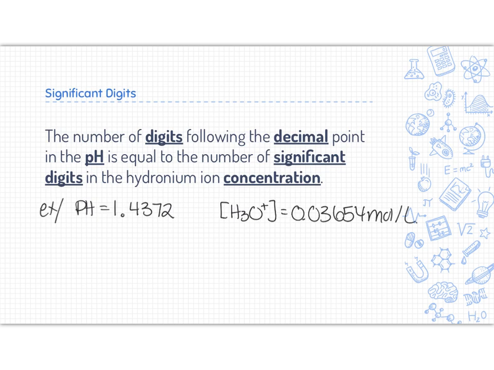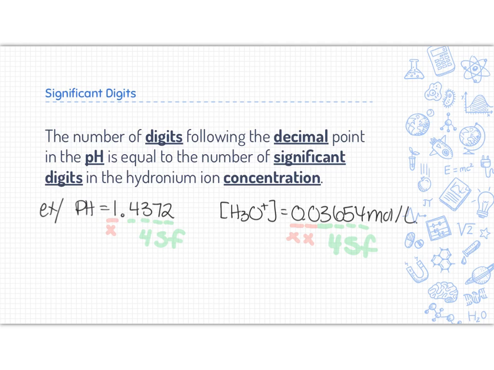Now, this is correct significant digits. In our H3O+ concentration, the zeros don't count. They are leading zeros. So I have 4 significant figures here. Again, the zeros do not count. In my pH, what this is saying is that the decimal places following are significant. So there are 4 significant figures here. We do not count anything before the decimal.